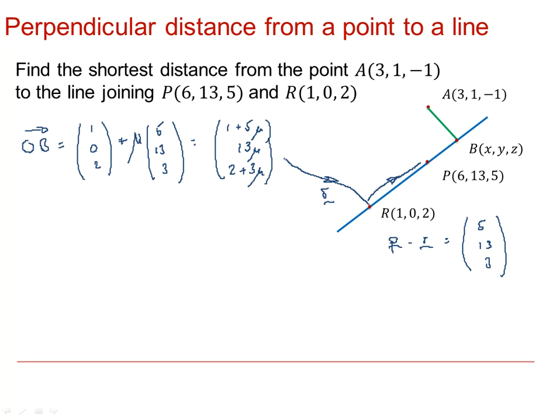Now what we want then is to find the particular value of mu such that AB dotted with the direction vector for the line D is equal to 0.